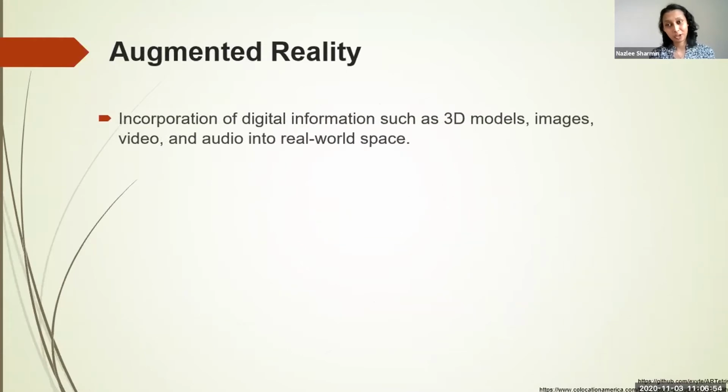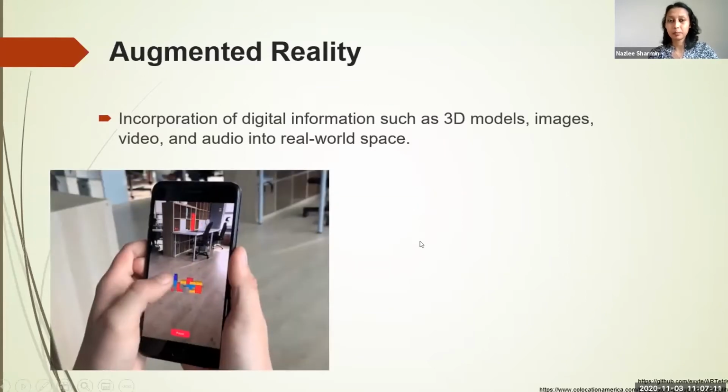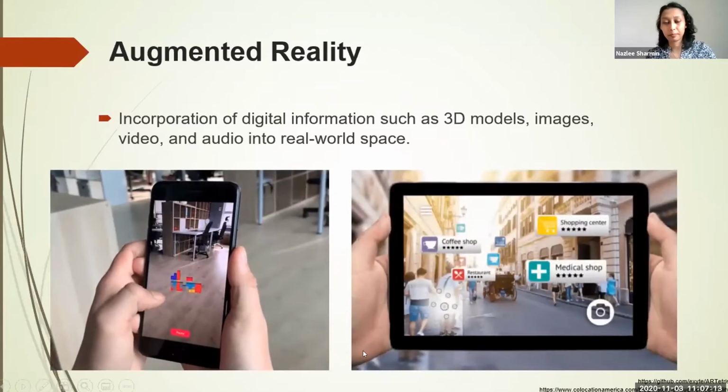So here is a change in topic again. Now I'm going to talk about augmented reality. Now, by definition, augmented reality is the incorporation of digital information, such as 3D models, images, or video, into your real world. So I think it's better if I just show you an example.